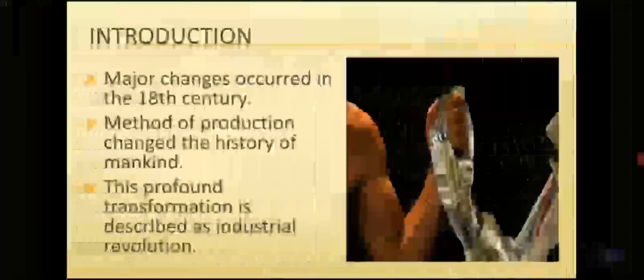Goods began to be produced not by hand but by machine. This increased the volume of goods production. Society transformed from an agrarian and handicraft economy to one dominated by factory and machine production. Starting in England first, it spread to other parts of the world.